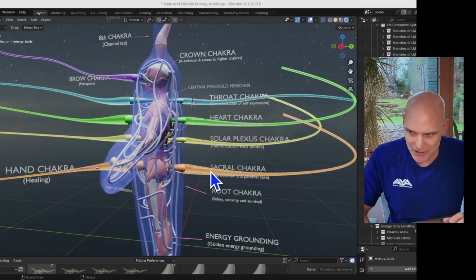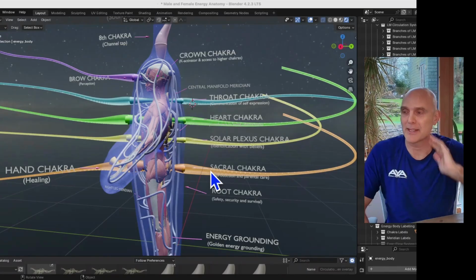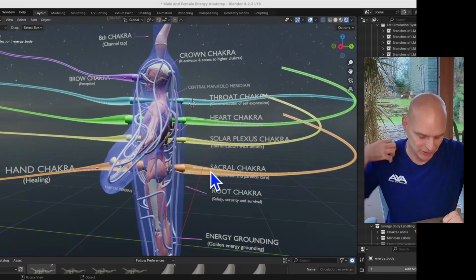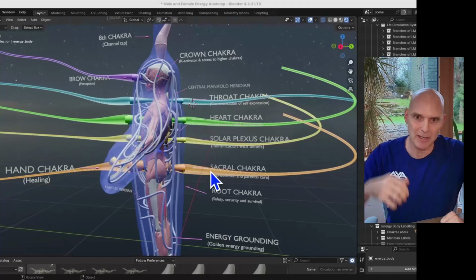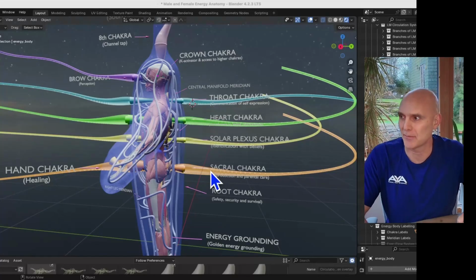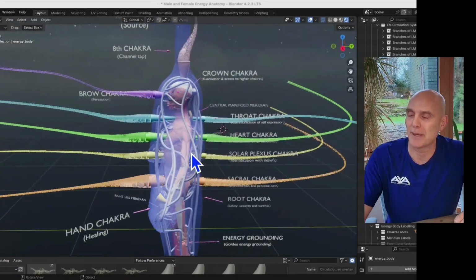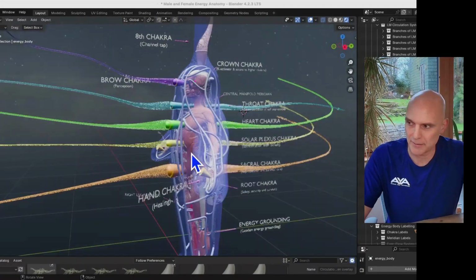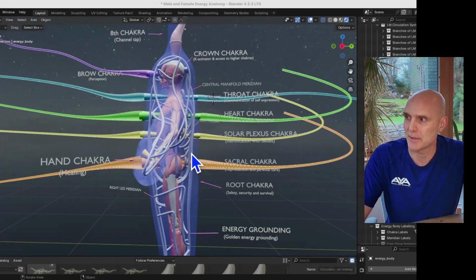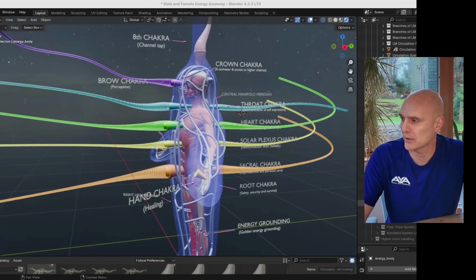Right then, so the energy body. The energy body is very well known, of course. It's been known about for thousands of years, and it forms the basis of many systems of healing and medicine. Let me turn off these labels for a minute so that you can see a bit better.